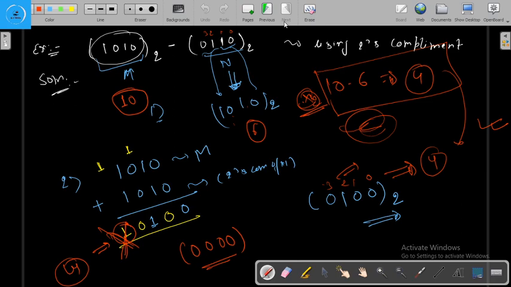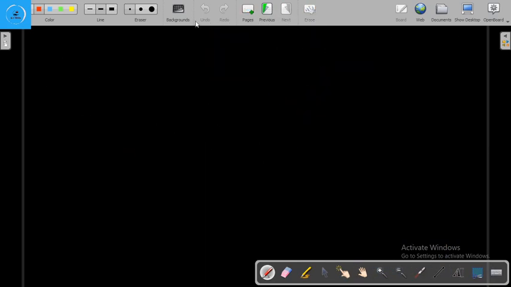In the next lecture, we are going to start with a new topic in the first chapter, that is number system representation, or we can say data representation.